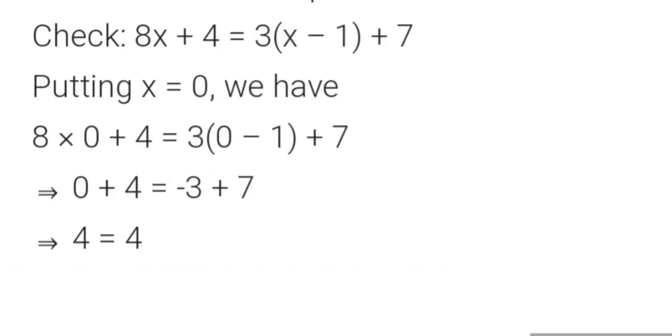So 3 in bracket 0 minus 1, plus 7. So 0 minus 1 is minus 1 only. So 3 into minus 1 is minus 3, plus 7 is equal to 4. So 4 is equal to 4. Means left hand side is equal to the right hand side.